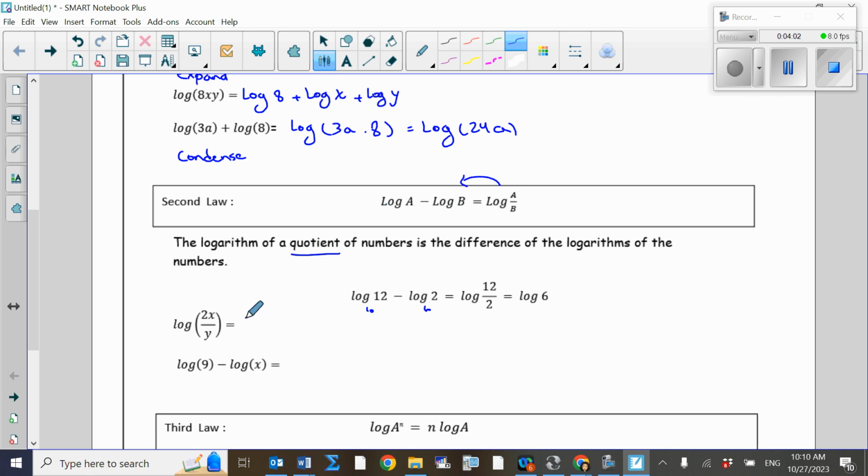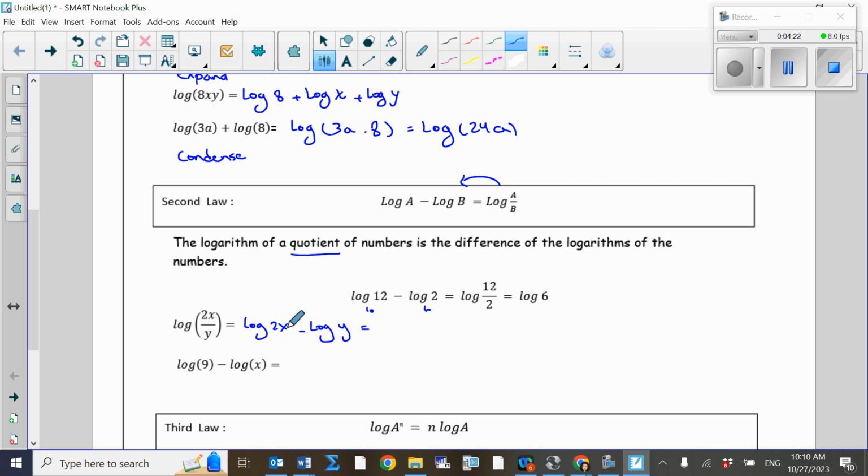So I'm going to write log of the top, that's the first, minus log of the bottom.